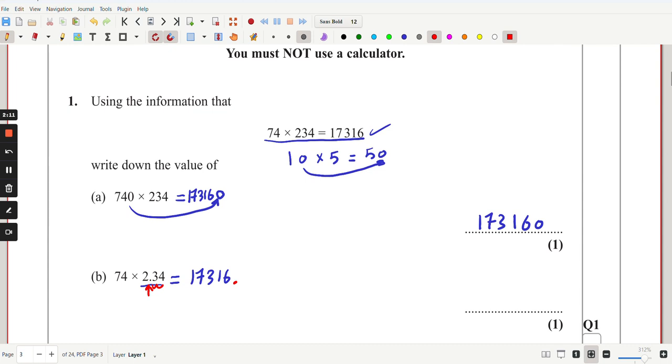The decimal point stands here at the right, so two decimal places will put it here. So our final answer is 173.16.